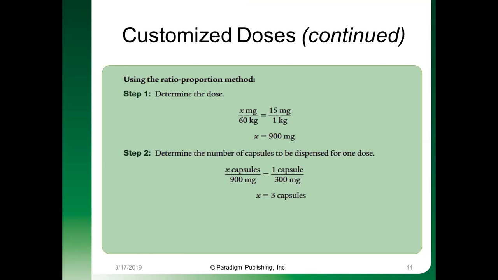So our numerators' units match and our denominators' units match. So cross multiply: X times 300 is equal to 900 times 1, 900. 900 divided by 300 gives us 3 capsules.